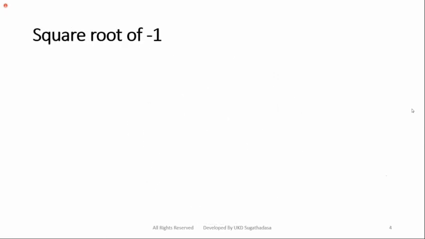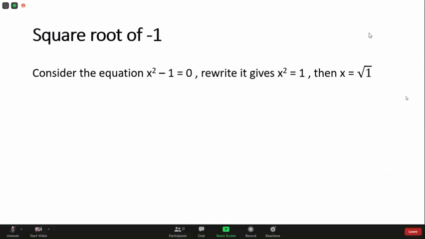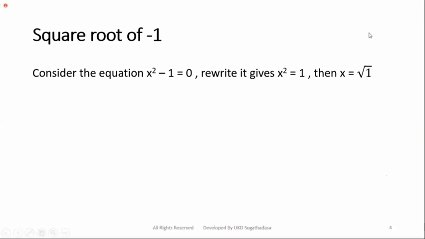Now, let us discuss what the square root of minus 1 is. It could be square root of minus 3, square root of minus 4, minus 5, whatever the number. Let us take this particular equation, x squared minus 1 equals 0.